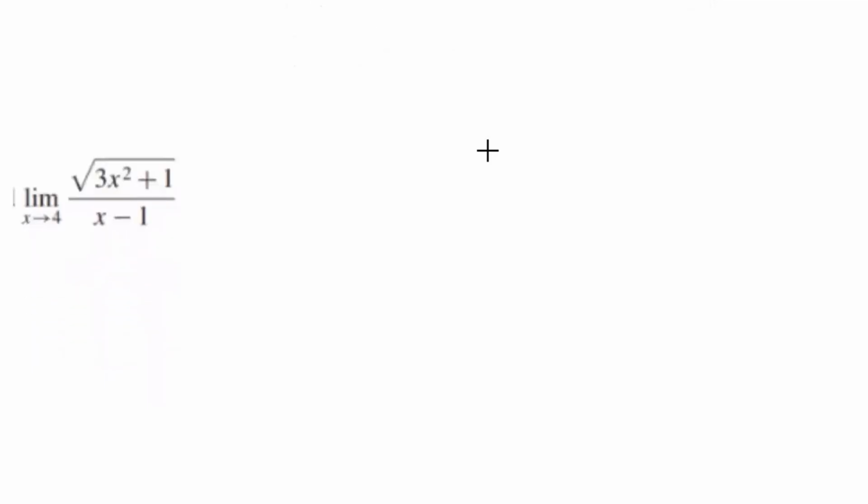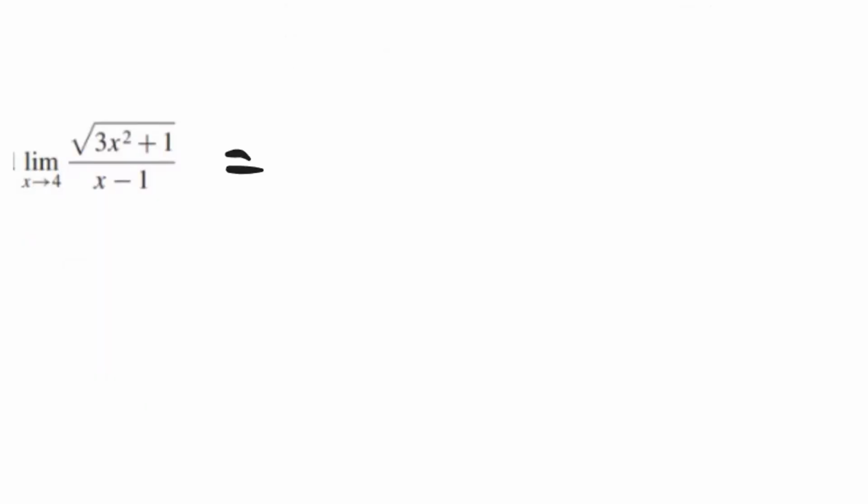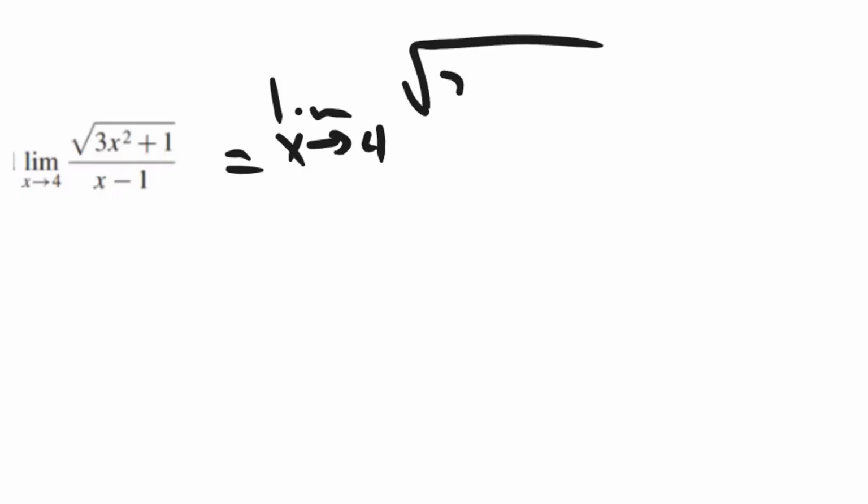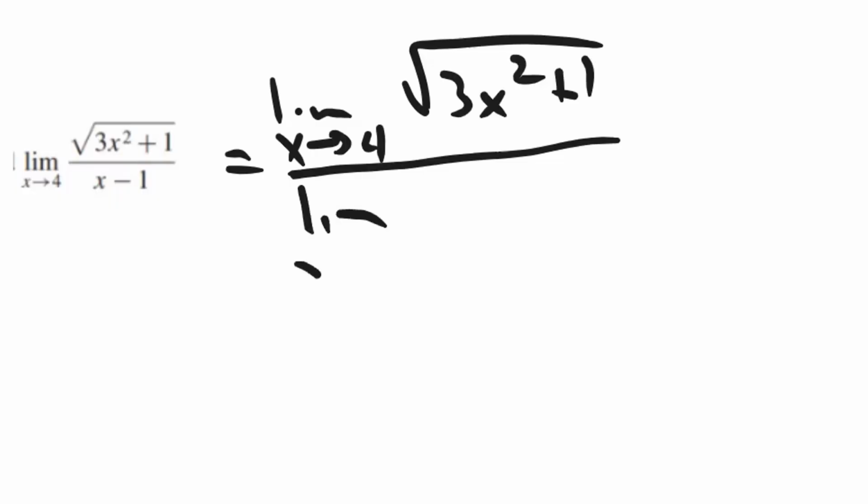And one more here. Now here we have the limit of a radical function over a polynomial. So we can't just use direct substitution, but we can use the quotient property, which says we could take the limit as x approaches 4 of √(3x² + 1) over the limit as x approaches 4 of x minus 1.